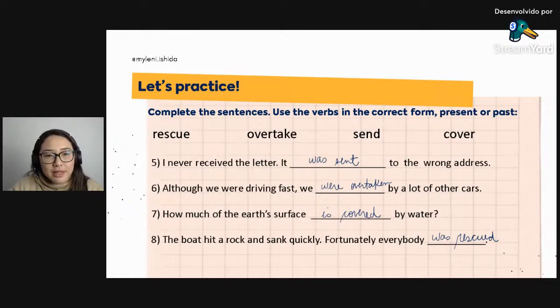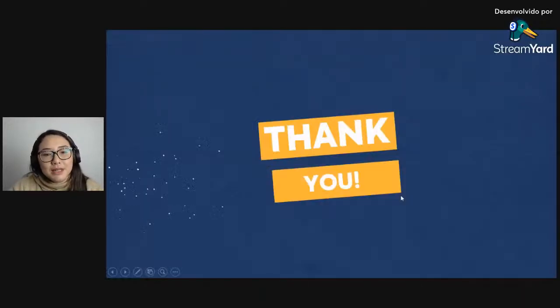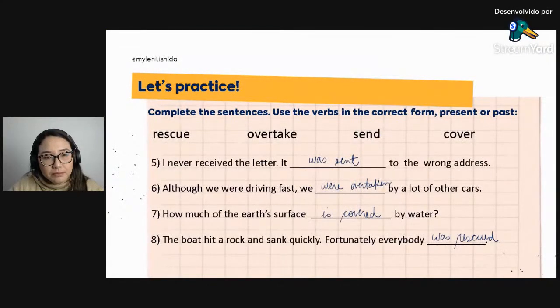But my message today was to give you some tips on how you can analyze the sentences, okay? The most important thing is for you to identify, for example, when I don't want to say who did the action, okay? You have to understand when we use the passive voice and the situations.